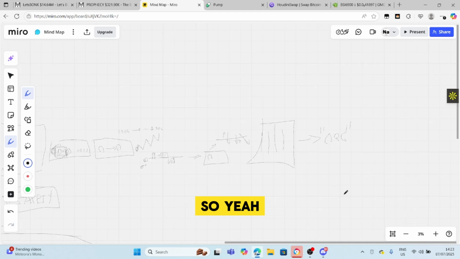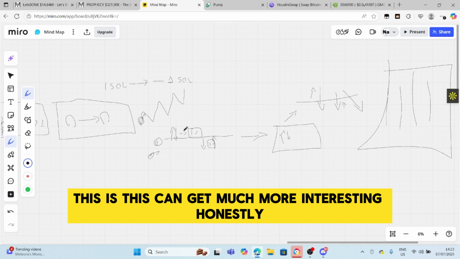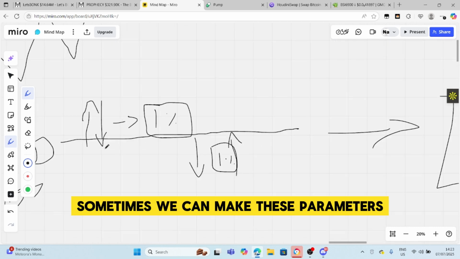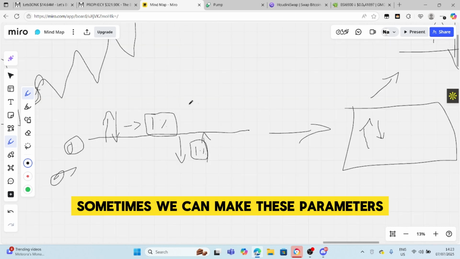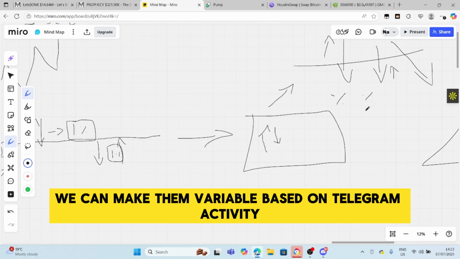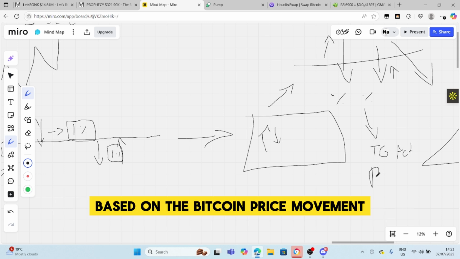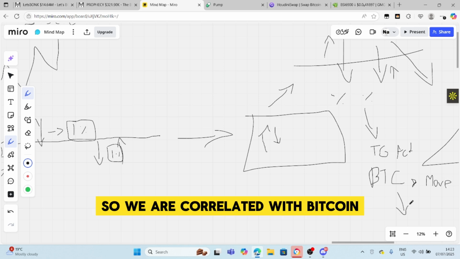So yeah, this can get much more interesting, honestly. Sometimes we can make these parameters, the percentage of buy to sell, variable based on Telegram activity, or based on Bitcoin price movement, so we are correlated with Bitcoin.